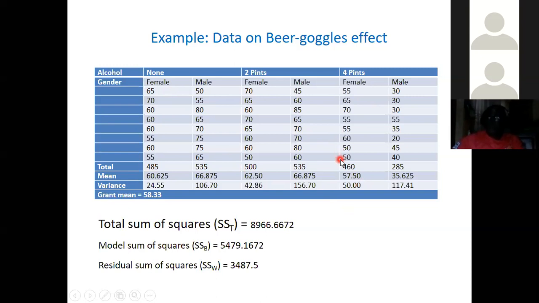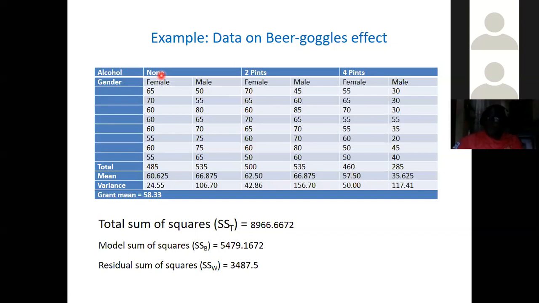One of the factors is the alcohol taken: either the person took no alcohol, or 2 pints, or 4 pints. Then either the person is male or female. So when you look at it, one factor has 2 values and the other factor has 3 values.